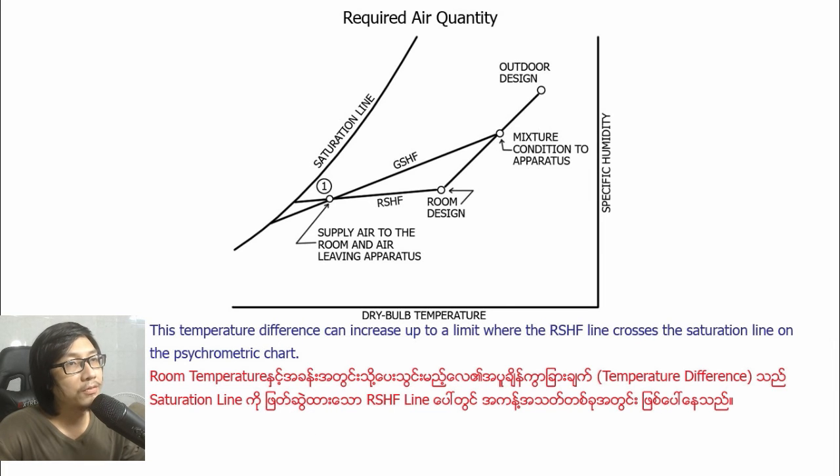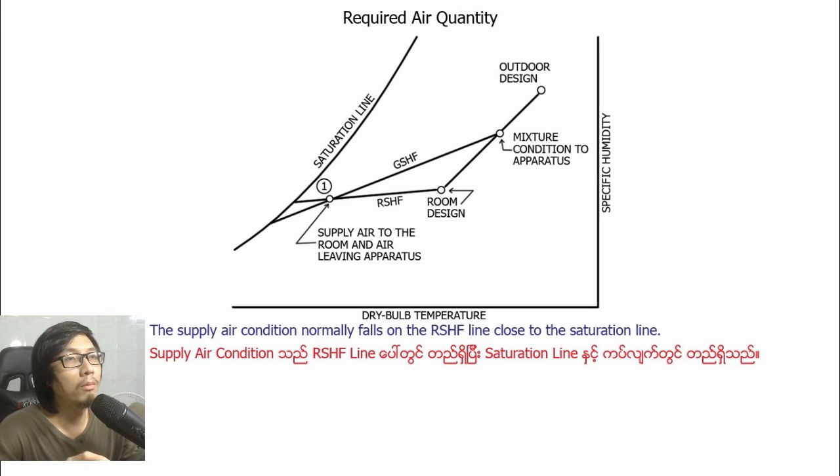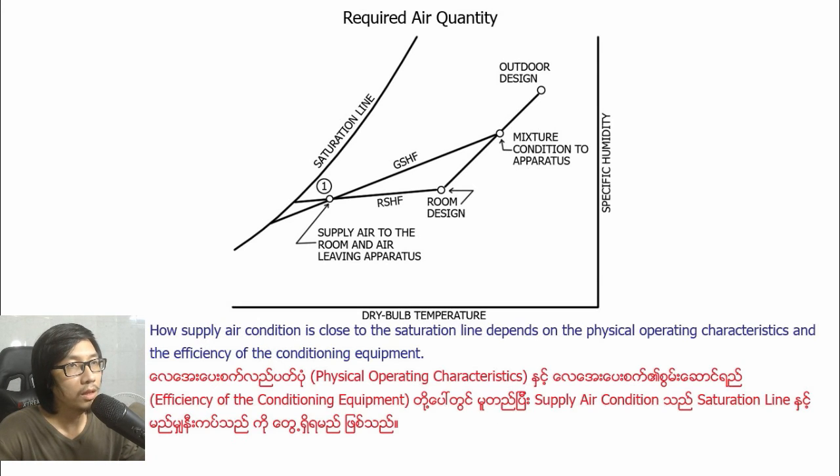This temperature difference can increase up to a limit where the room sensible heat factor line crosses the saturation line on the psychrometric chart. The supply air condition normally falls on the RSHF line close to the saturation line. However, how close the supply air condition is to the saturation line depends on the physical operating characteristics and the efficiency of the conditioning equipment.